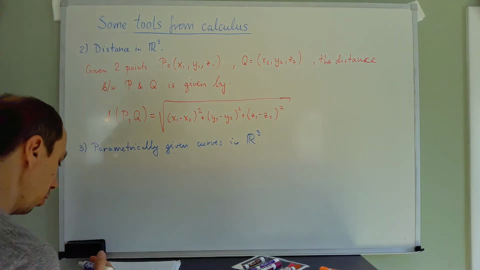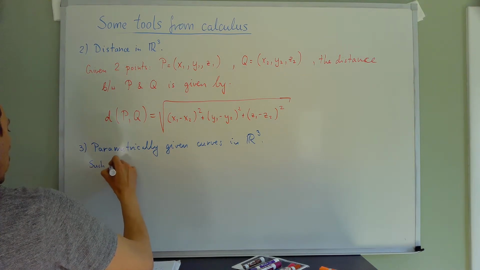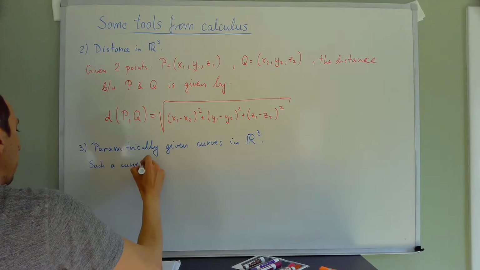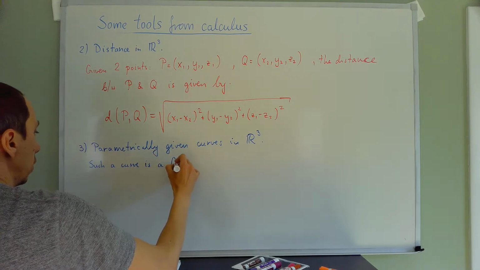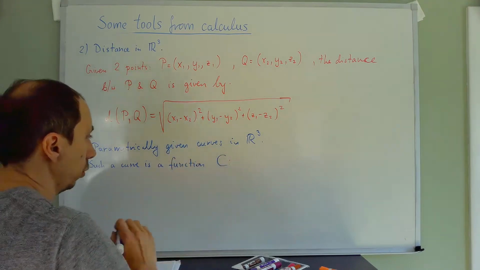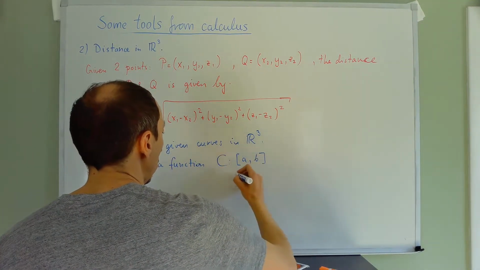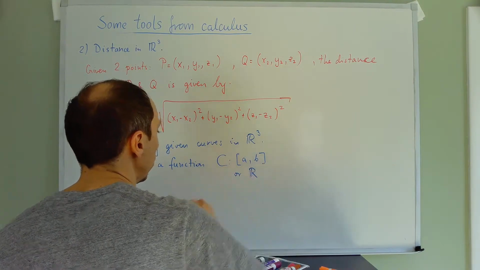So what is such a curve? Such a curve is a function, I call it C for curve, from some interval or the real numbers into R3.